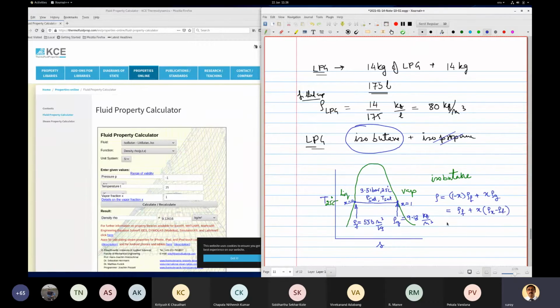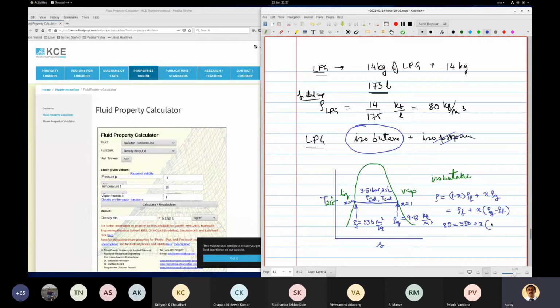So let us do it. Ours is 80. What is rho F? Rho F is 550 plus x into (rho G minus rho F).